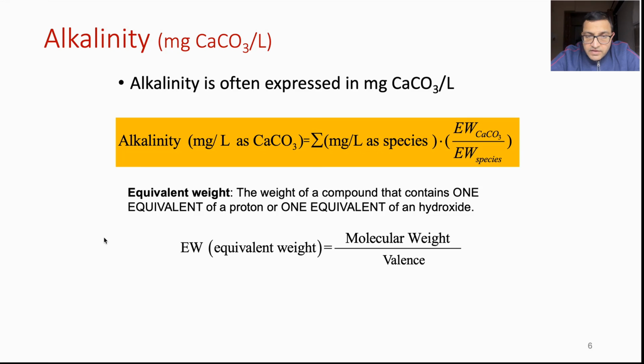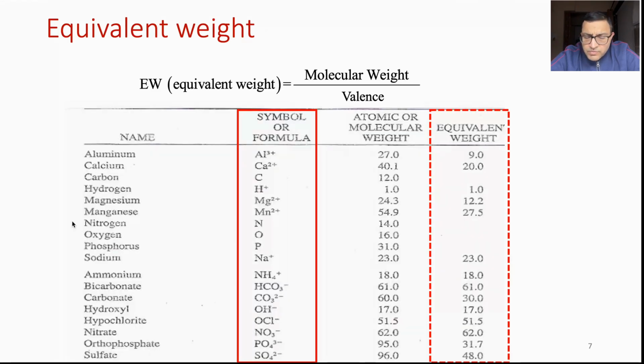The valency factor, for the most part, especially for this course, would be the charge on the ion. So for aluminum, for example, Al 3 plus, the atomic weight is 27, equivalent weight is 9, which is 27 divided by 3. For calcium, the atomic weight is 40, the equivalent weight is 20, which is 40 divided by 2, the charge on calcium.